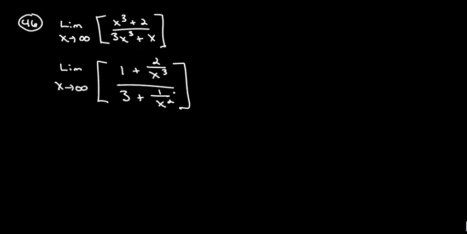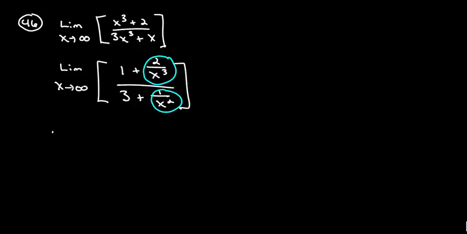And now these two guys right here, this limit and this limit as x goes to infinity, are going to drop out, right? Because as the bottom becomes bigger and the top stays the same, this is going to go towards 0.